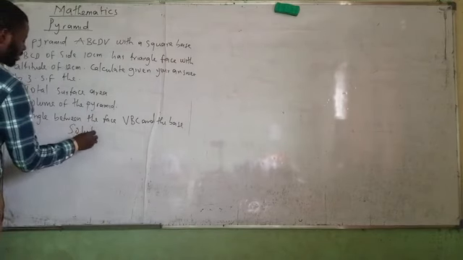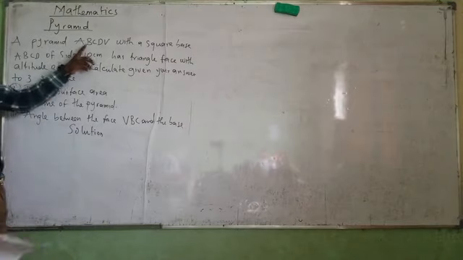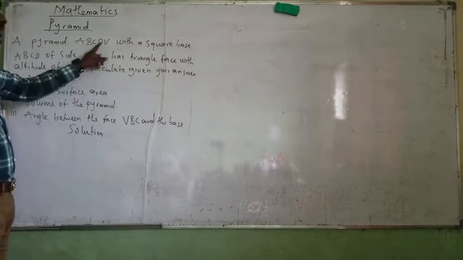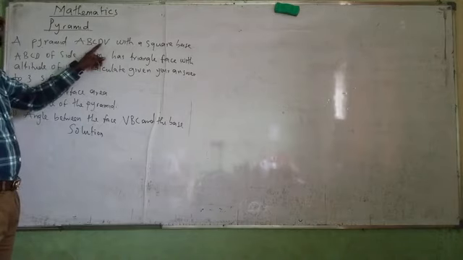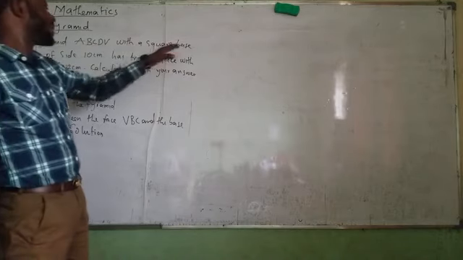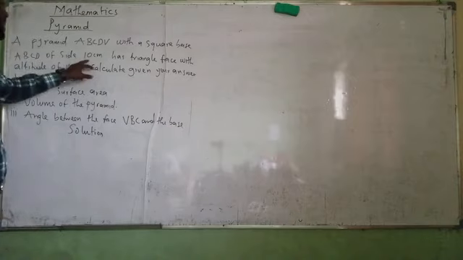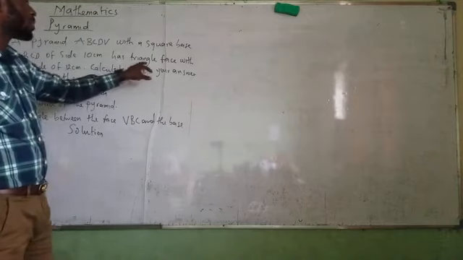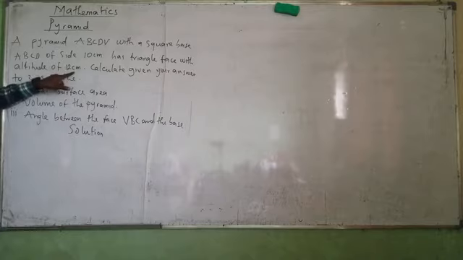Now, the question says a pyramid VABCD with a square base ABCD of side 10 centimeter has a triangular face with an altitude of 12 centimeter.